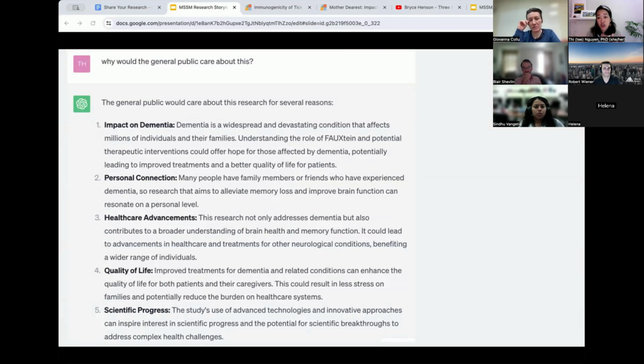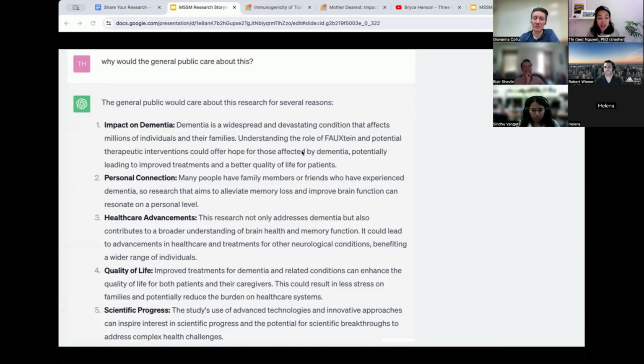If you're not sure who your audience is going to be or what they might care about, or just want to be more comprehensive about the way you're presenting it, here's one question that I presented: why would the general public care about this? And it was about dementia. You see here, I just put in "photeen" instead of protein. And then you're like, okay, I could talk about the impact of dementia, my personal connection to it, quality of life.